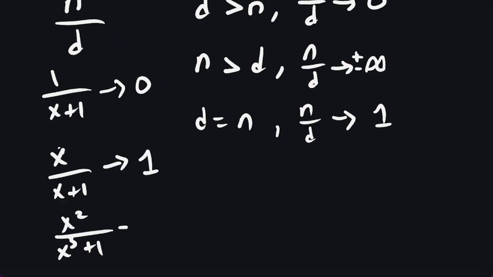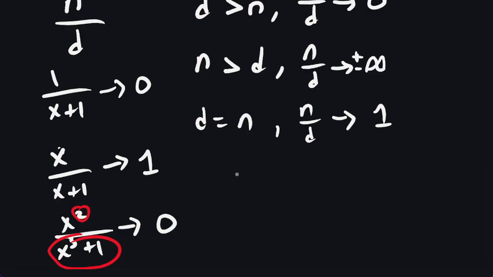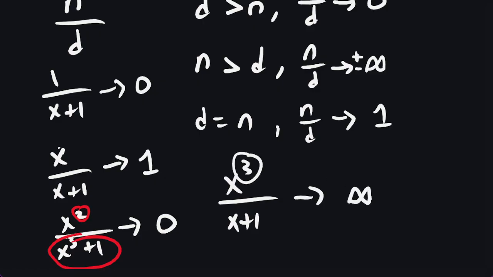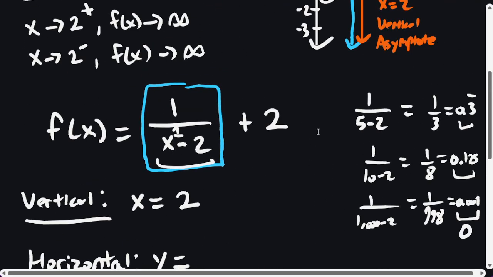X squared over x cubed plus 1 will approach 0 because the denominator's degree is bigger. 3 is bigger than 2. And as another example, x cubed over x plus 1 will approach infinity because the degree in the numerator, 3, is bigger than the degree in the denominator, which is 1. So that's how that works. That's the behavior of fractions as x gets bigger and bigger.